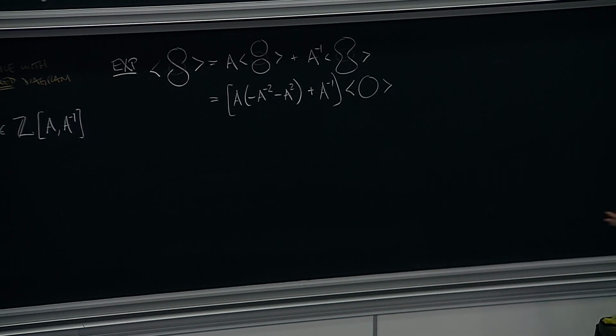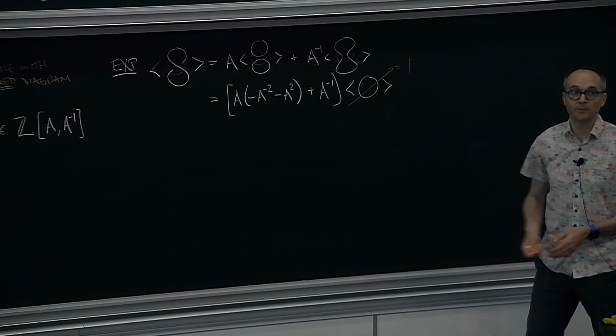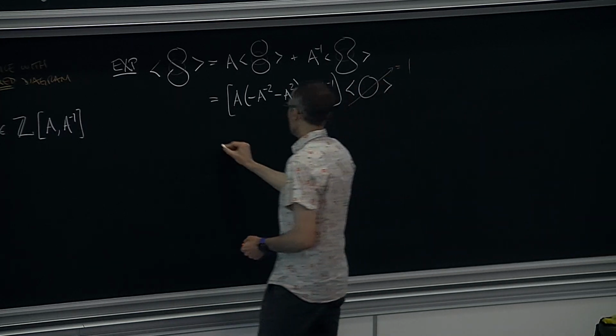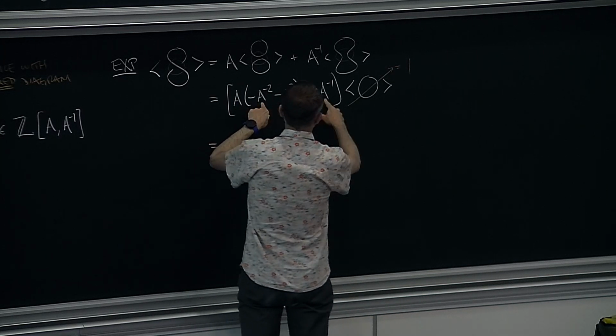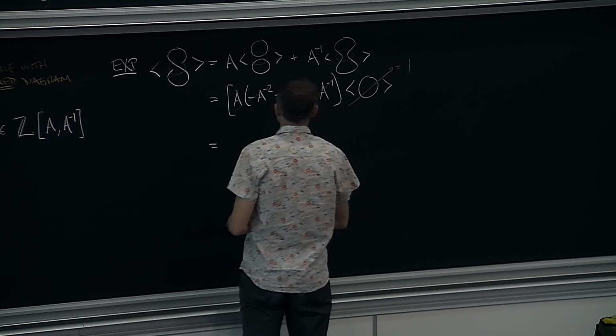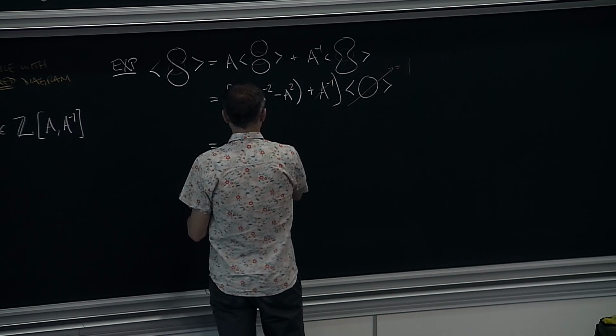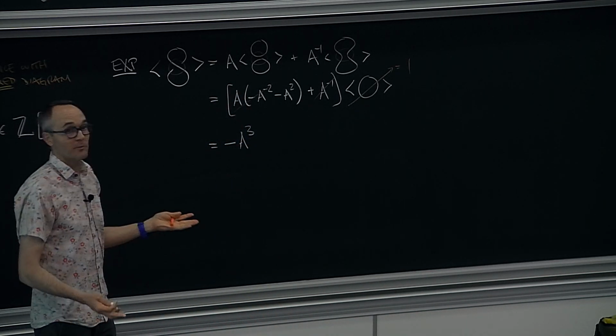There's what it is. This is equal to 1, and then I can arrange terms and cancel something in here. There'll be a minus A to the -1 and an A to the -1 that are going to cancel. And I'll end up with, as long as I didn't mess anything up, A cubed, which is a Laurent polynomial.